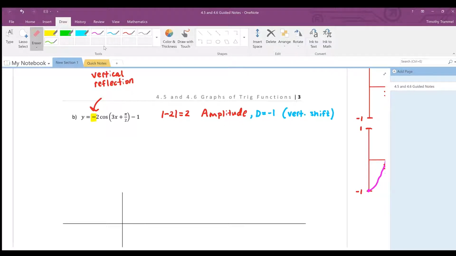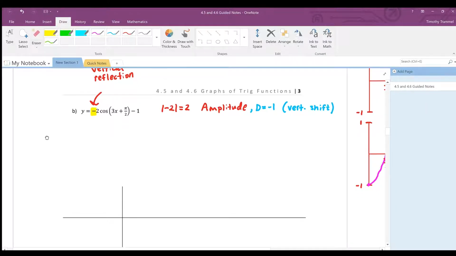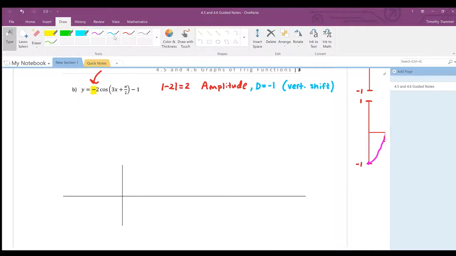And these two things combined are going to help us set up the y-axis. So we're going to scoot the center of the wave down 1 unit. And then we still need to be able to go down 2 more units from there. So we need to be able to go all the way down to minus 3. So let's split our positive y-axis into 3 pieces, and we'll do the same with our negative y-axis.